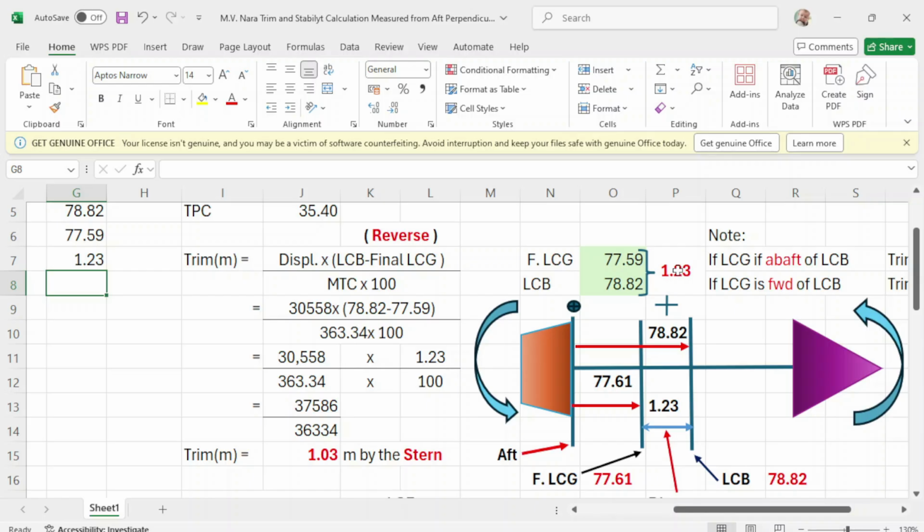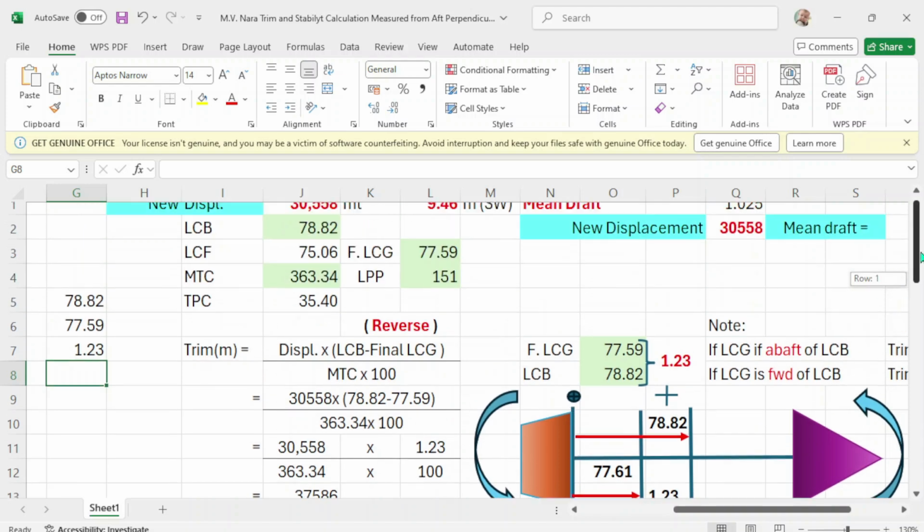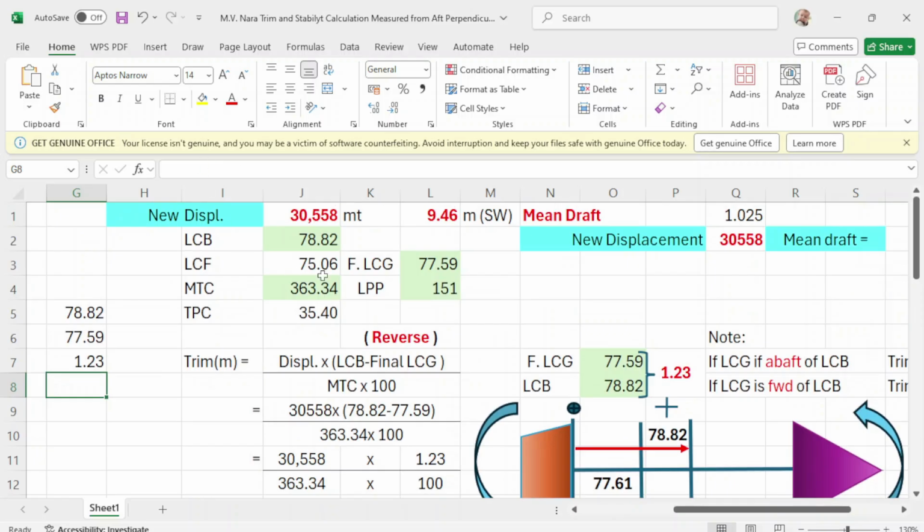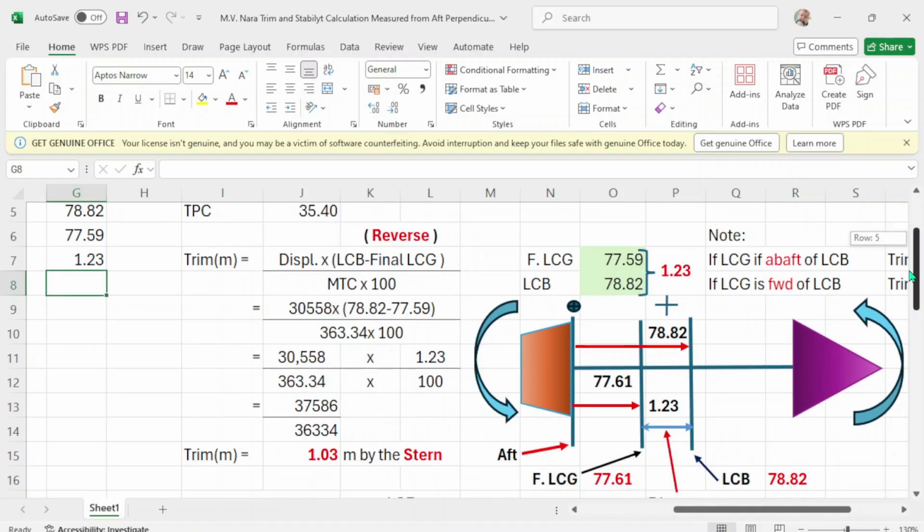This will be your distance, because this is your LCB, measured from the aft perpendicular going forward to this point, which is your LCB. And final LCG is measured from the aft perpendicular forward up to the center of gravity, which is 77.61.